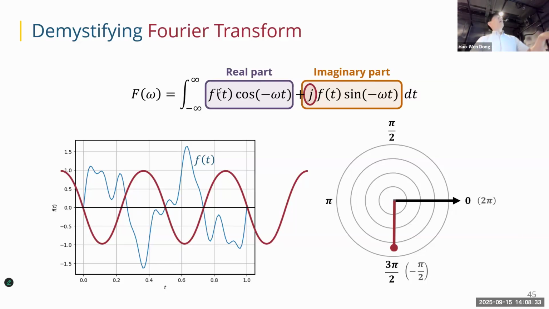But now the reason why we have this real and imaginary part is that we want to see where exactly that cosine or sine function is at. So we want to slightly move it to the left, to the right, so that we find a perfect match. And that's what this real and imaginary part is doing.